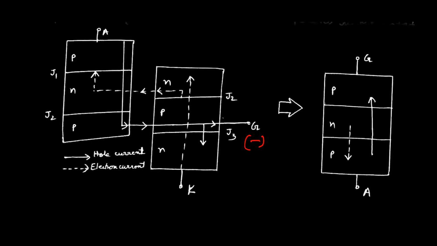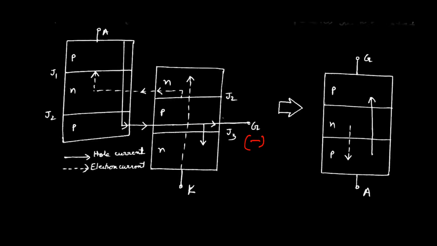That means the holes moving from anode to cathode are, due to the negative bias on the gate terminal, taken out from the P layer to the gate terminal. Okay? That means the voltage drop occurs across the junction J3.